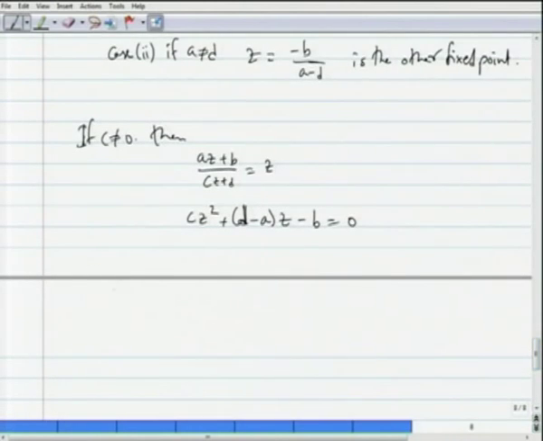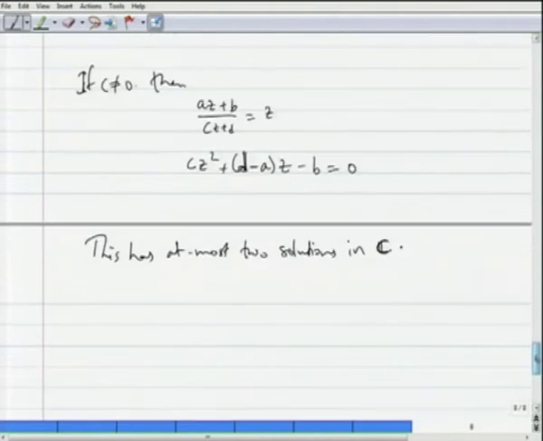So, this has at most two solutions in C. So, the summary is there are at most two fixed points, whether c is 0 or c is non-zero.